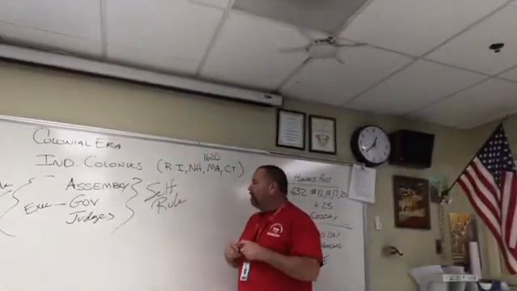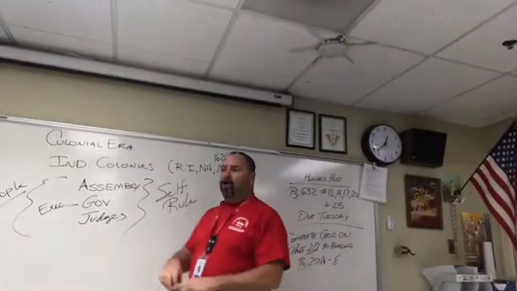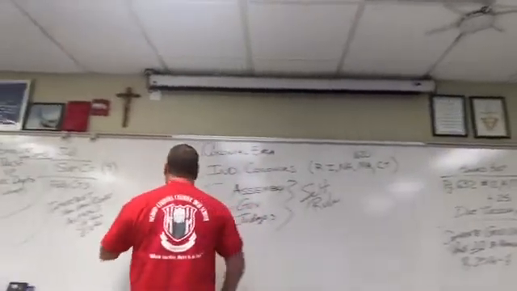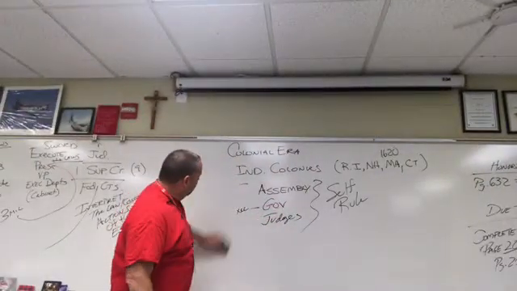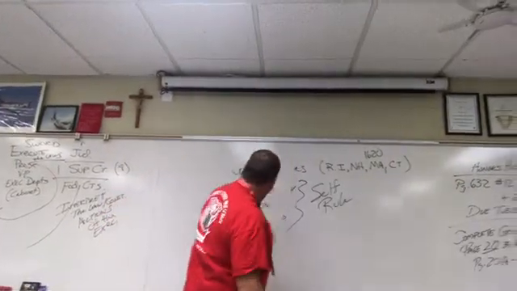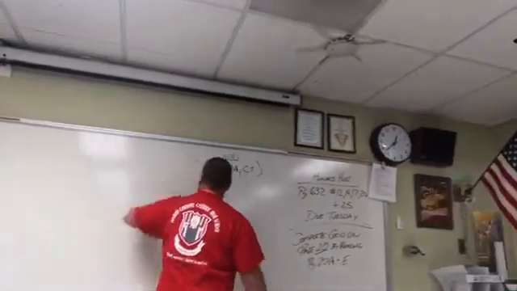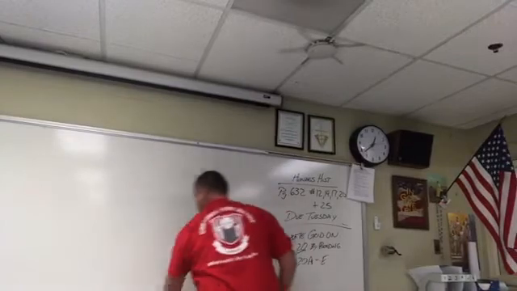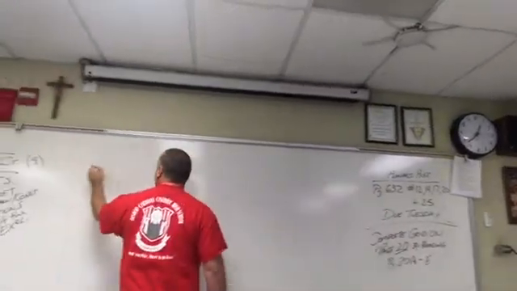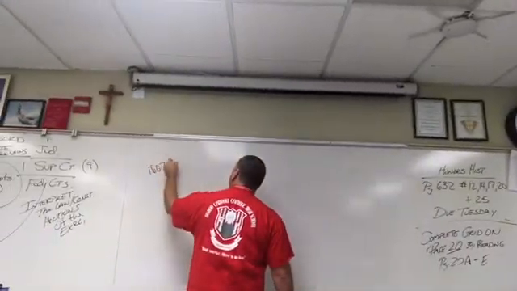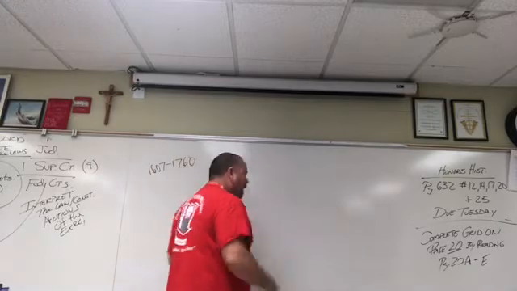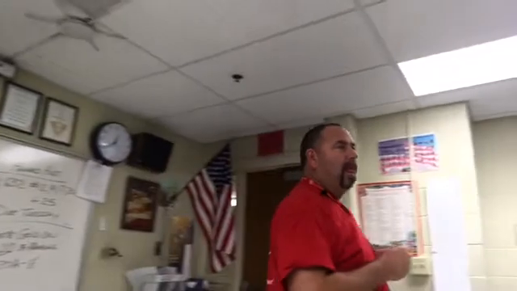So what we have here, guys, is 150 years or so between 1607 and 1760, roughly. The king is 1,500 miles away, across an ocean.